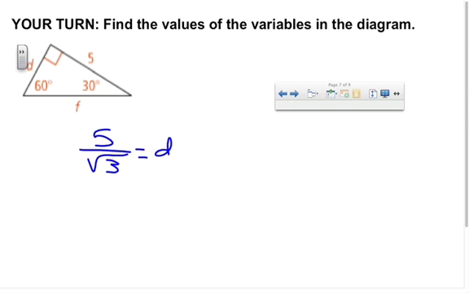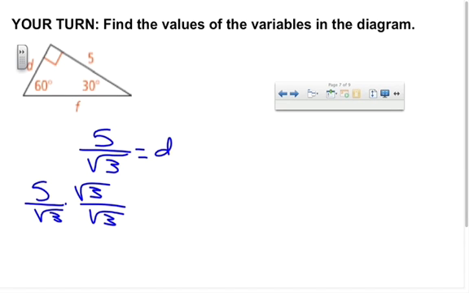The last one worked out pretty because we ended up taking that long leg, that 15, and dividing it by 3. This time, look at what my long leg is. That's 5. Am I going to have much luck dividing it by 3 and ending up with something pretty? No. But we're going to start the process the same way.